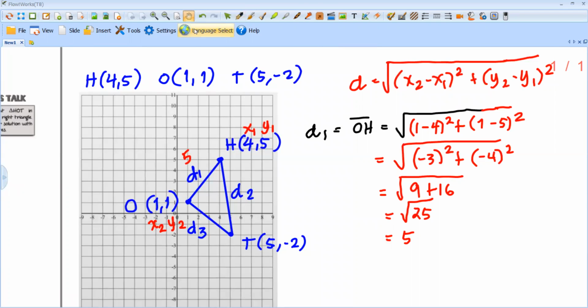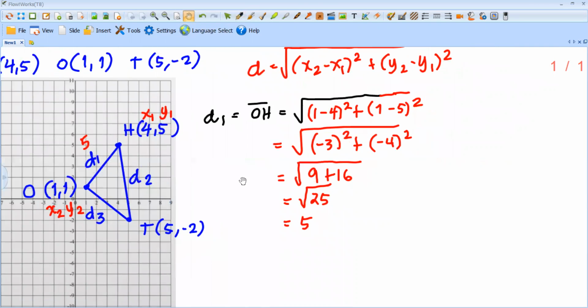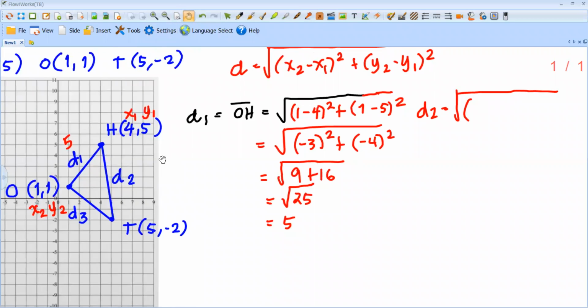So let us try to find distance 2. For distance 2, we have the square root of x sub 2. What is the value of x sub 2? Distance 2 is here.